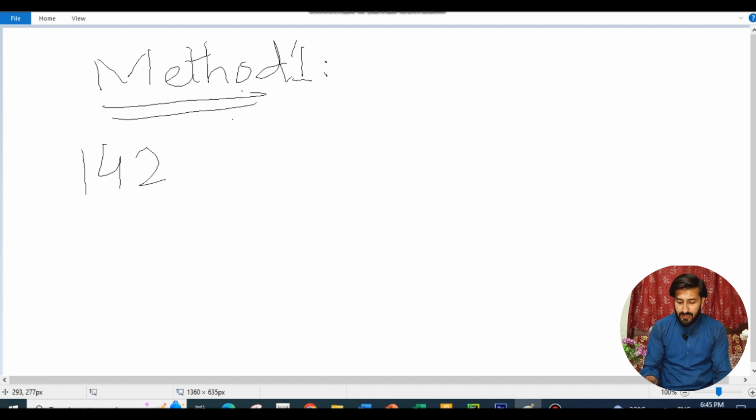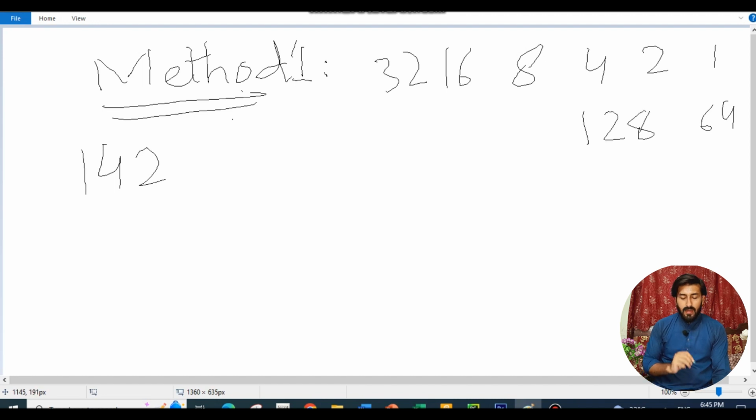Let me just write the headings over here: 1, 2, 4, 8, 16, 32, 64, 128. Right. If I go beyond this, that will be 2 raised to the power 8, which means multiply 2 by itself 8 times, which is equal to 256.